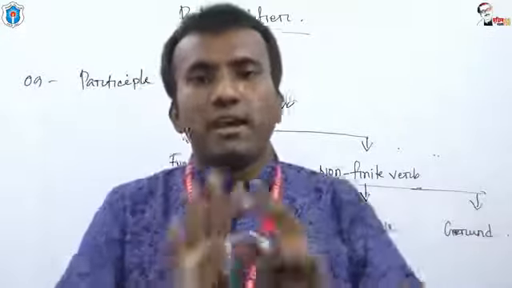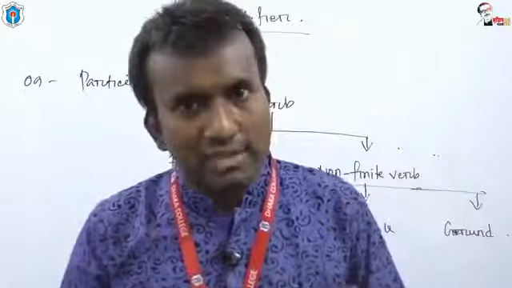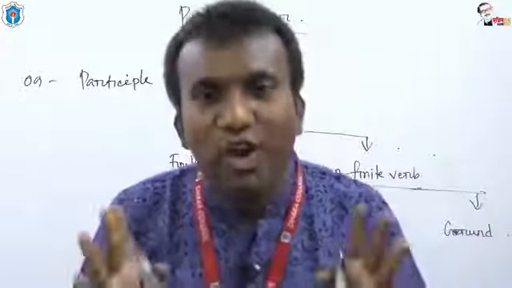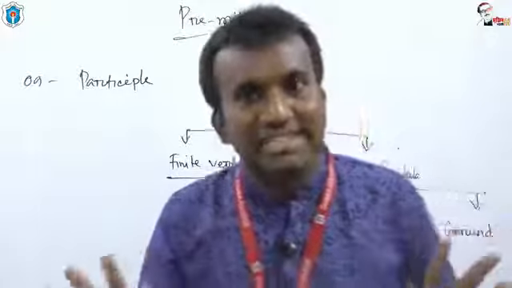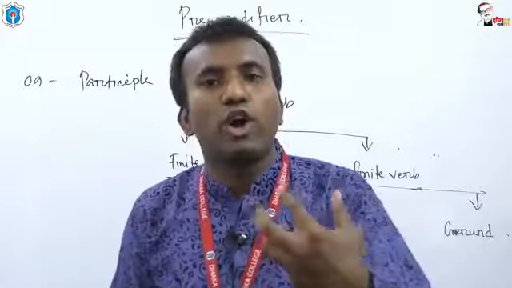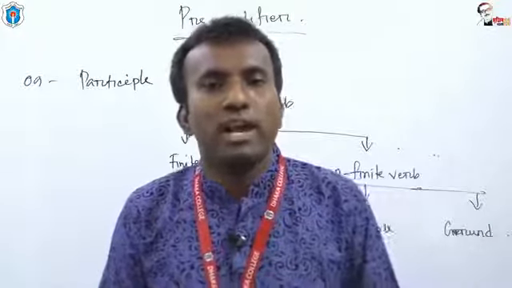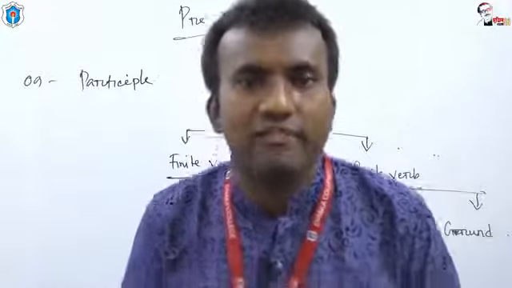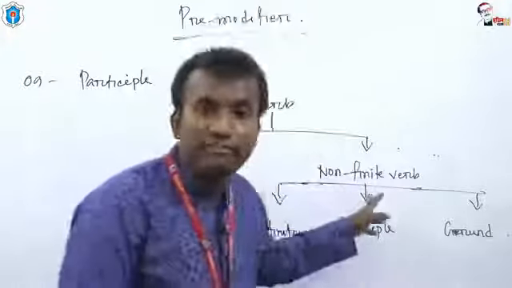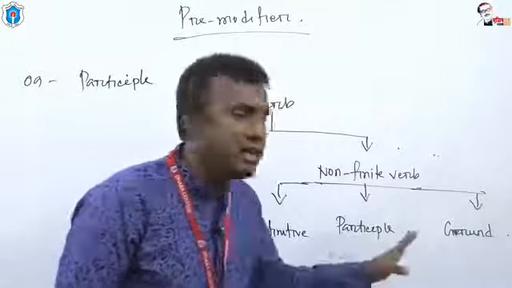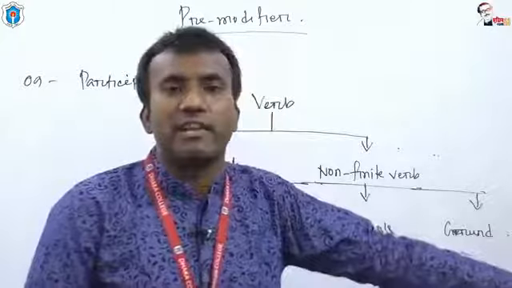Non-finite verbs don't have any subject in the sentence. With non-finite verbs, we are not able to identify the tense of a sentence. This non-finite verb is classified into 3 parts: infinitive, participle, gerund.